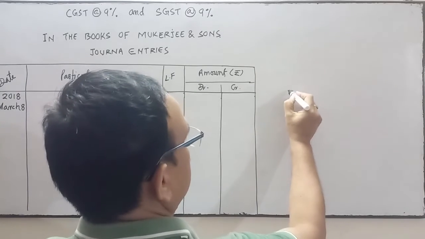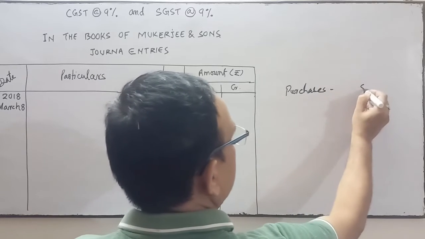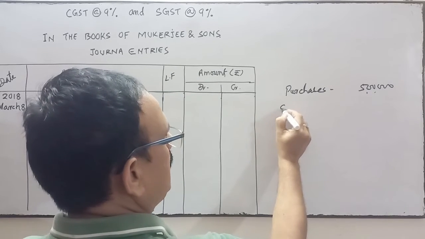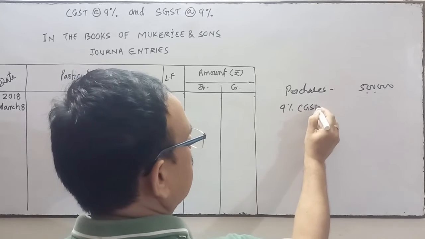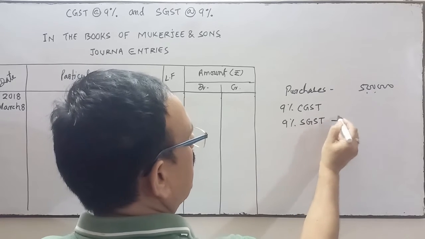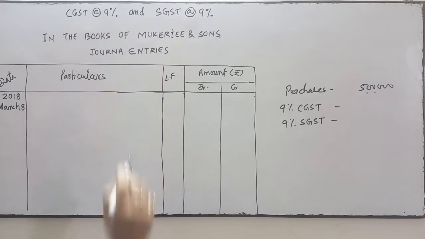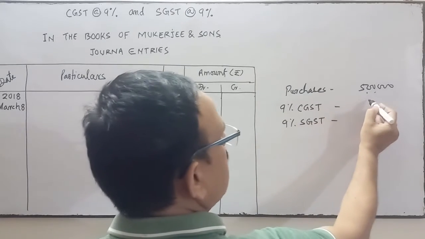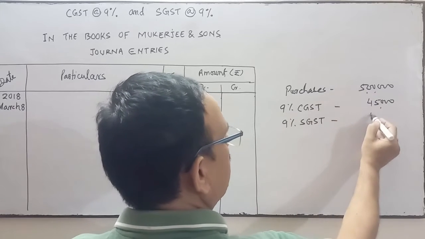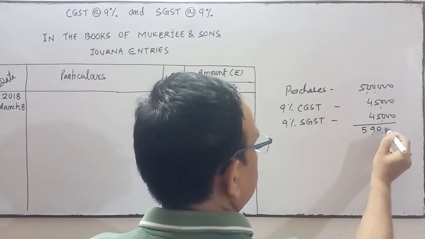When we purchase goods of rupees 5 lakhs, GST will be added, 9% CGST and 9% SGST. 9% of 5 lakh is 45,000, and the other 9% is also 45,000. The total is 5 lakh 90,000.